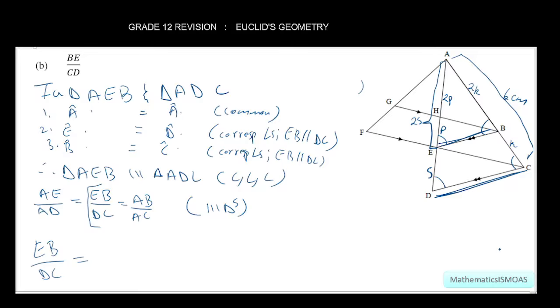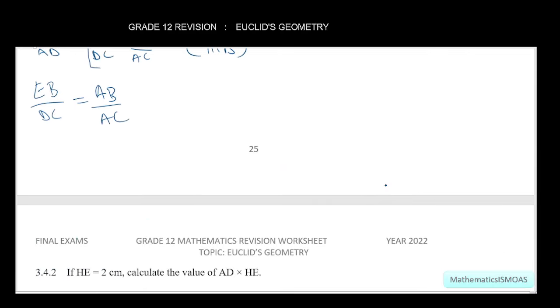You see on our diagram, AB is 2K, and then the whole of AC will be 2K plus K, which is equal to 3K. Therefore, 2K over 3K will just be 2 over 3, K will cancel K. Therefore, we can take AB to AC, and BE to CD is perfectly fine.